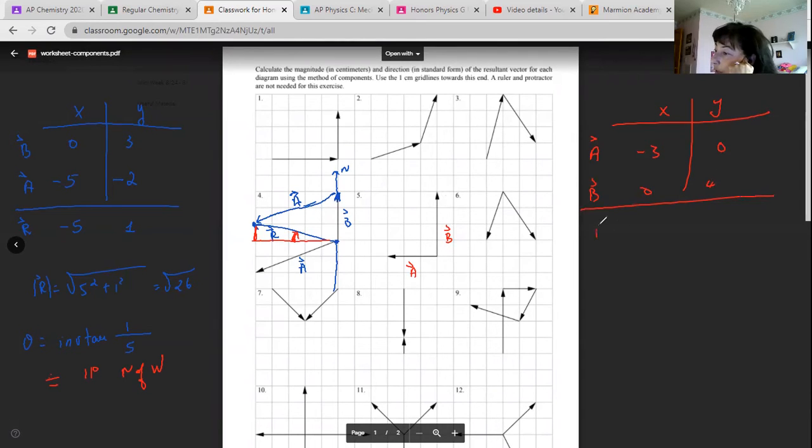So vector R is the one that has components -3 and 4. Okay, so -3 and +4 is going to be this vector here. Starts from the origin and goes to this point here. Okay, so this is the vector R.